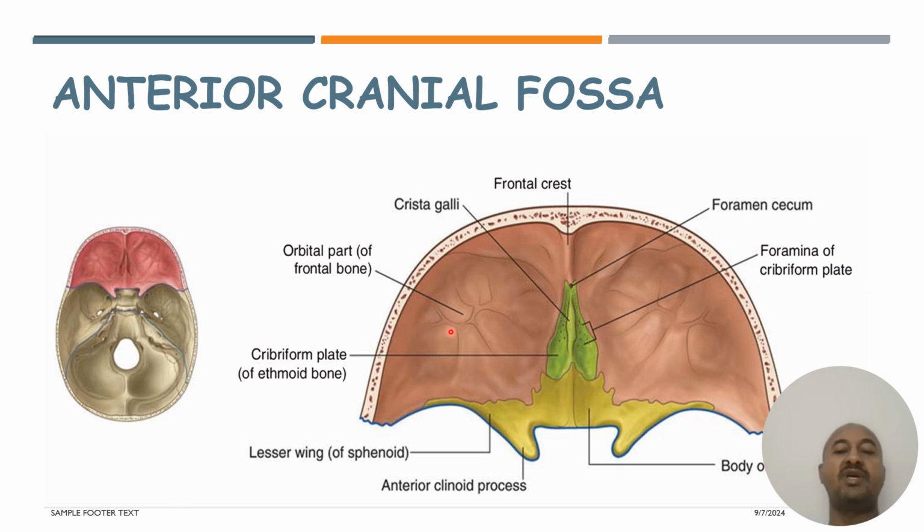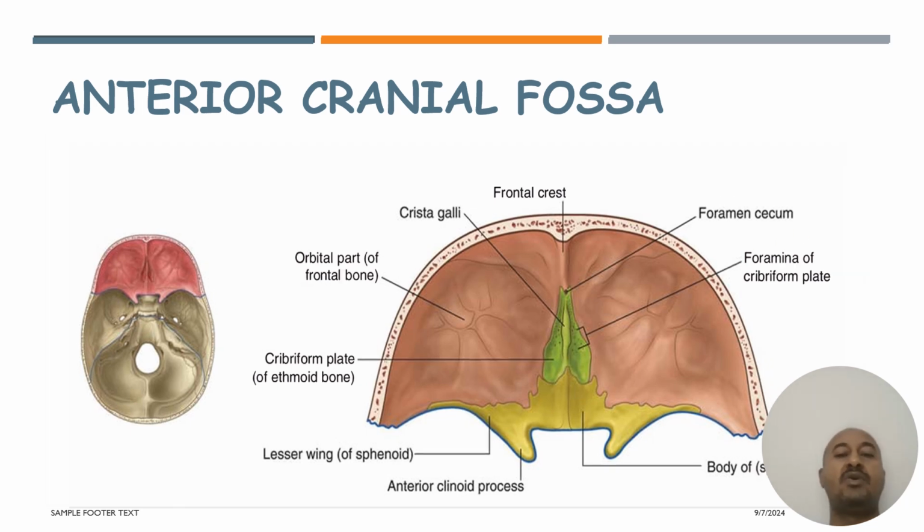This fossa mainly accommodates the frontal lobe of the brain. Let us study the different foramina and the structures passing through these foramina. Anteriorly here we have the frontal crest, and this frontal crest acts as an attachment for the falx cerebri.